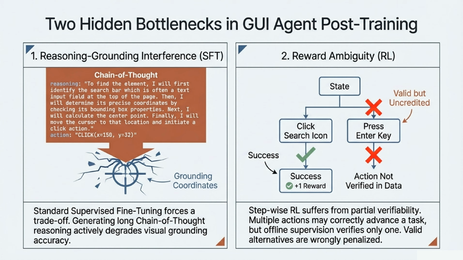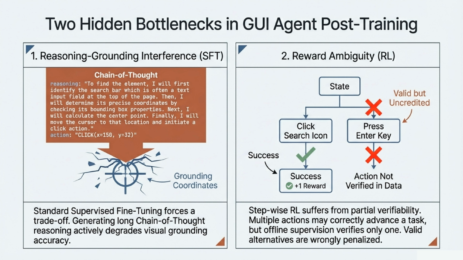We've identified two hidden bottlenecks that cause this. The first happens during supervised fine-tuning, or SFT. We call it reasoning grounding interference. Standard SFT forces a trade-off, generating long, descriptive chain-of-thought reasoning actually degrades the model's visual grounding accuracy.